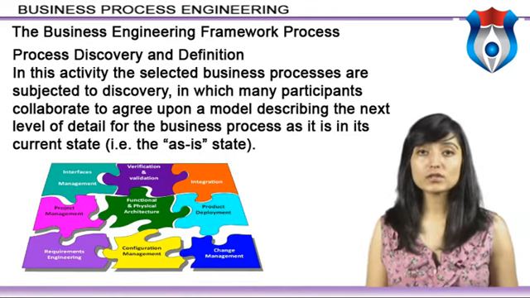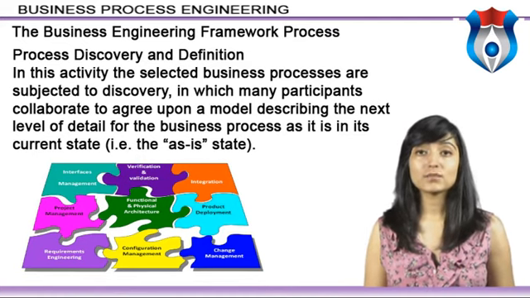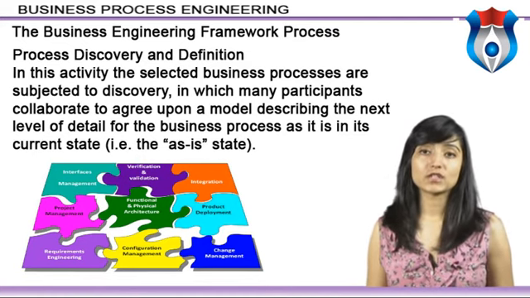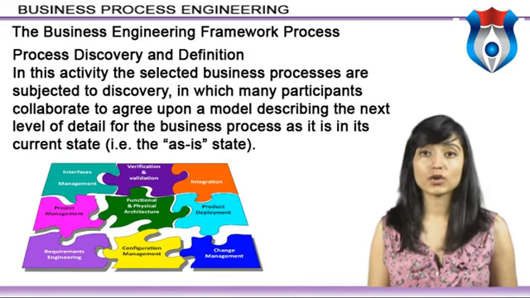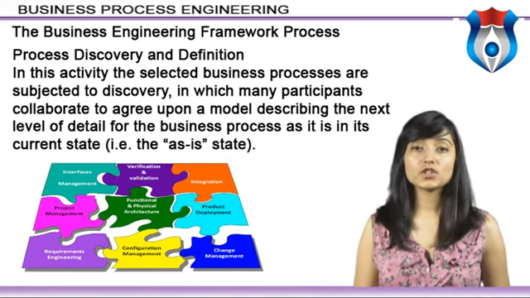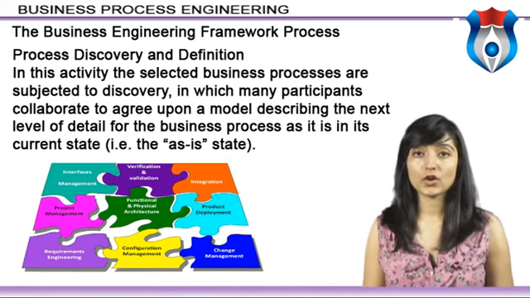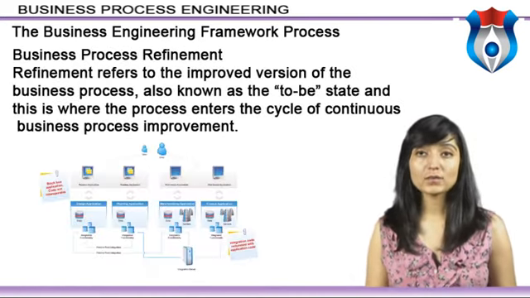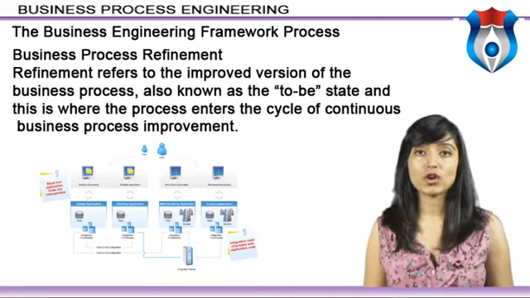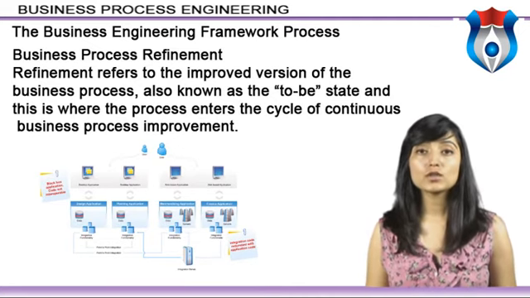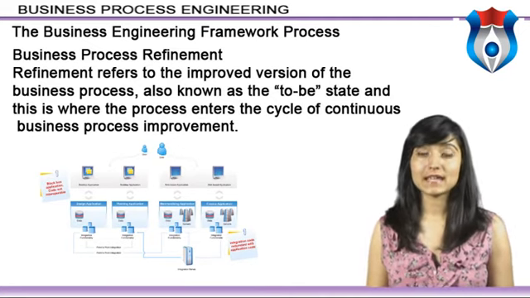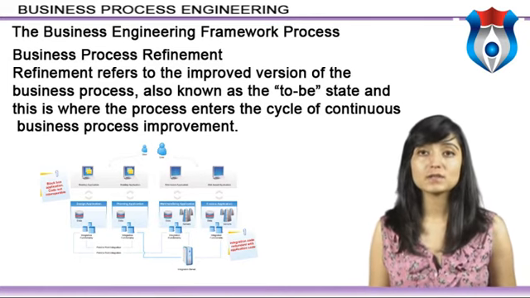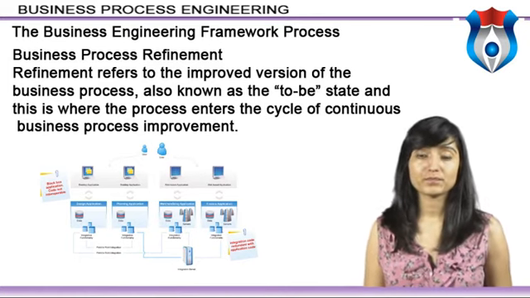This step also defines the project that supports the engineering activity for the business process or processes. The definition includes initial sizing of the effort involved in the automation project. Refinement refers to the improved version of the business process, also known as the to-be state, as this is where the process enters the cycle of continuous business process improvement.